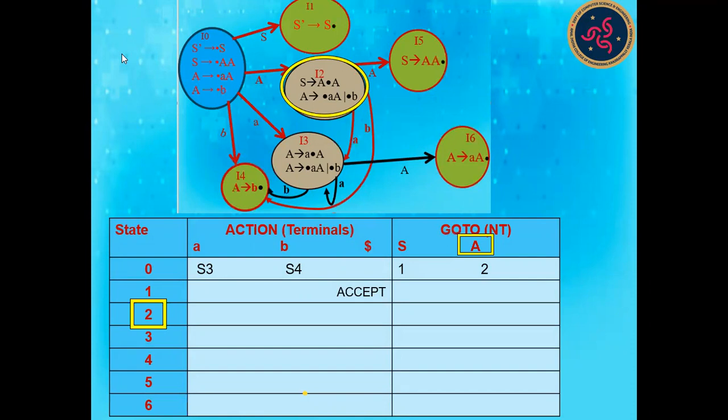When I2 comes and A comes, it will move to the state I5. So just write the state number 5 here. Now we have the entry 5 at this particular cell.